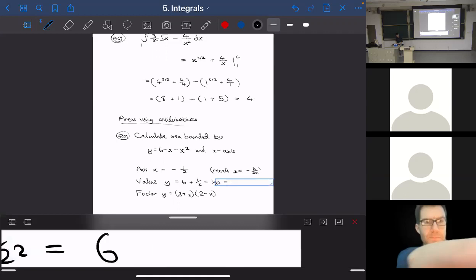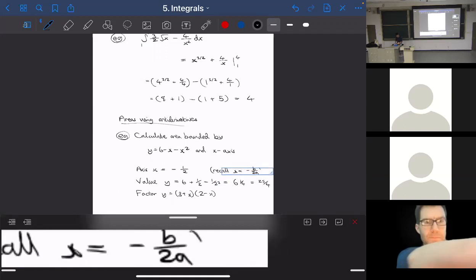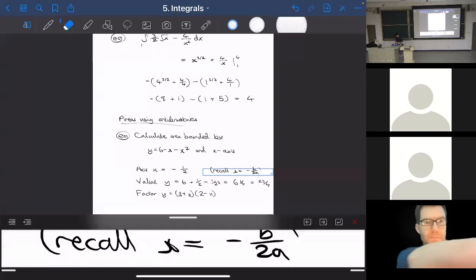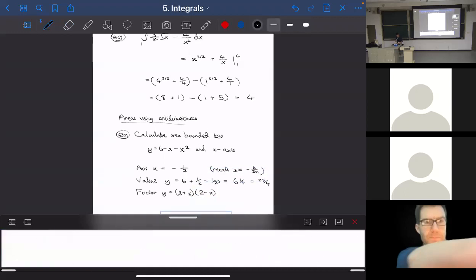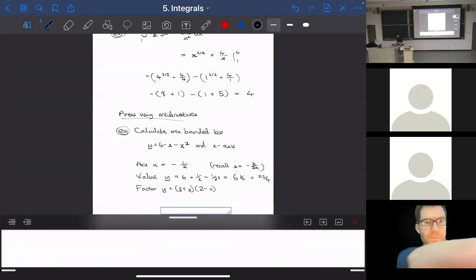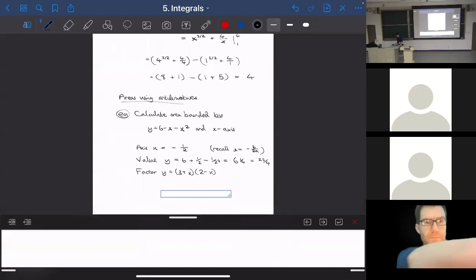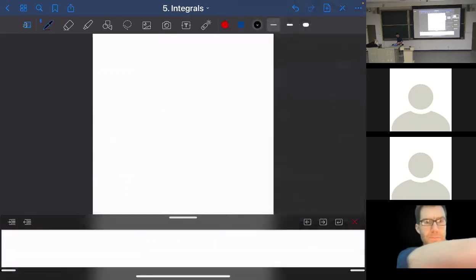Sorry, something a bit wrong with what I calculated before. So that's 6 1/4. And 6 1/4 is 25 over 4. Great. Okay, so that's enough information to make a graph of the function.